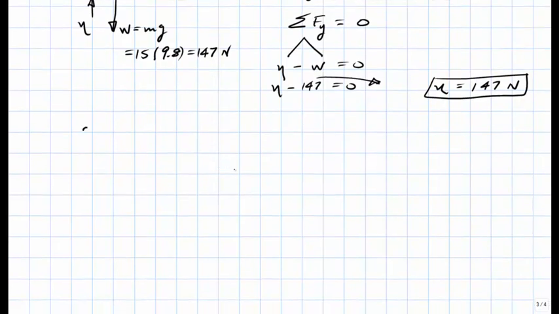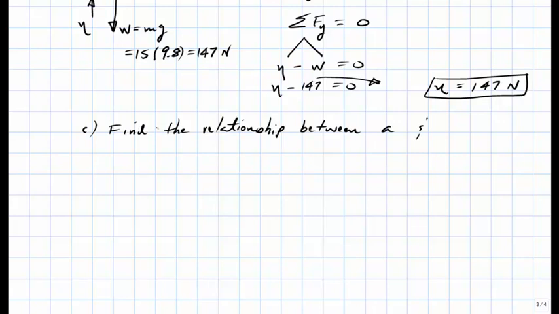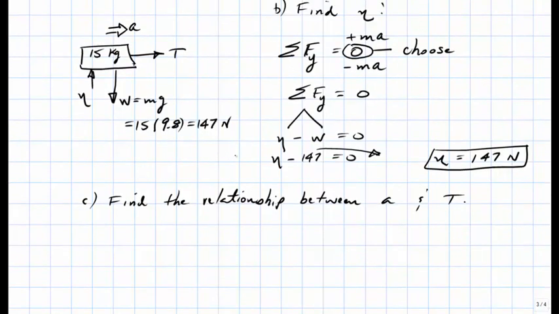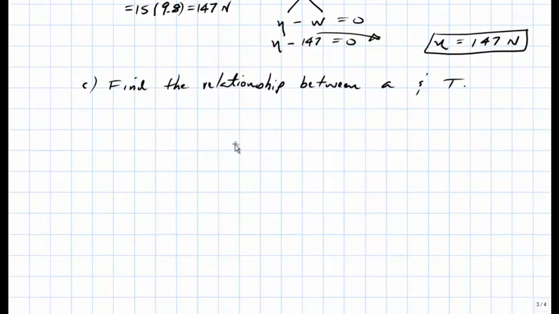In part C, we want to find the relationship between the acceleration and the tension by applying Newton's second law. So let's apply Newton's second law. Of course, the tension is directed along the x-axis, as is the acceleration.